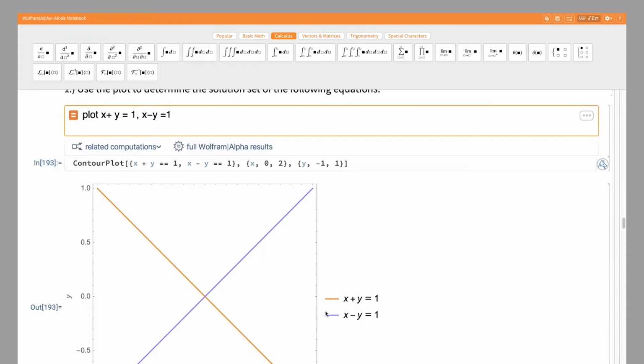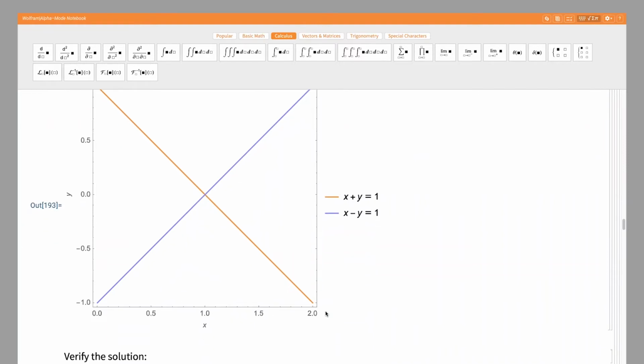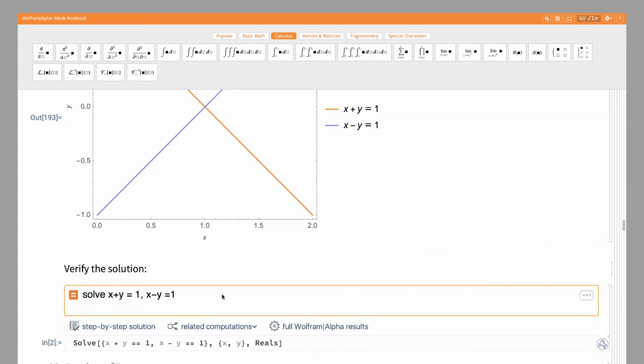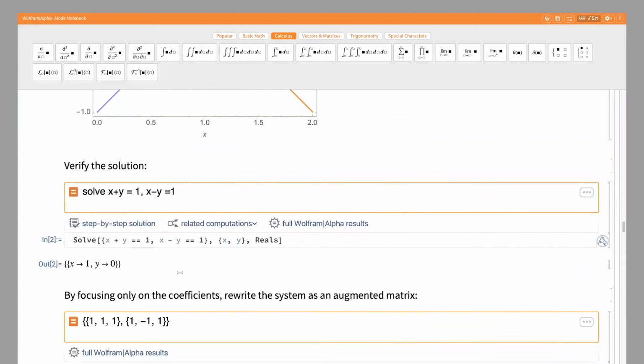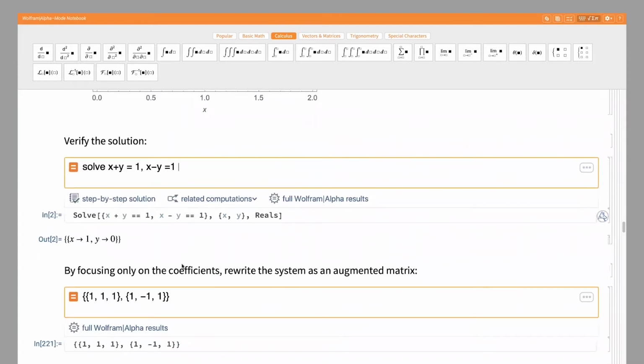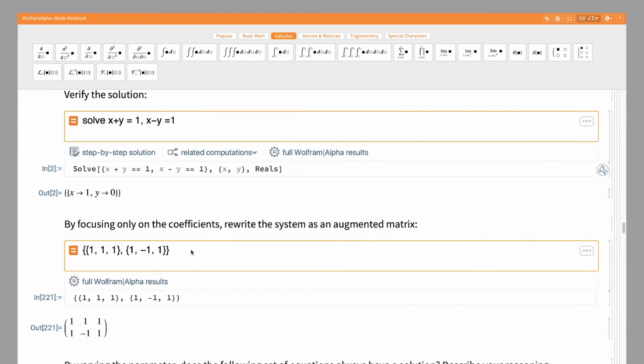One of the benefits of using a technology-driven classroom is that you can make plots and visualize the intersection of those two lines. And then we can also solve our system for the given intersection point. Then you might also want to write that as a matrix. So you could gather the coefficients and rewrite your system as an augmented matrix.